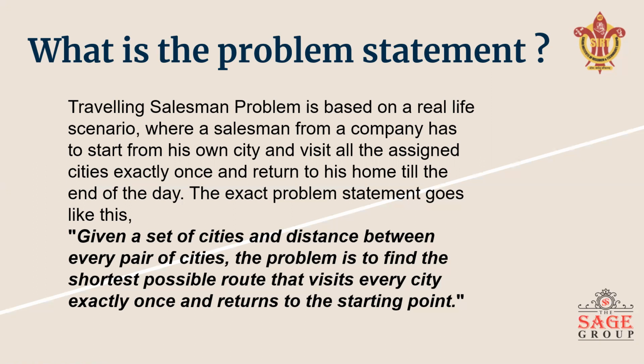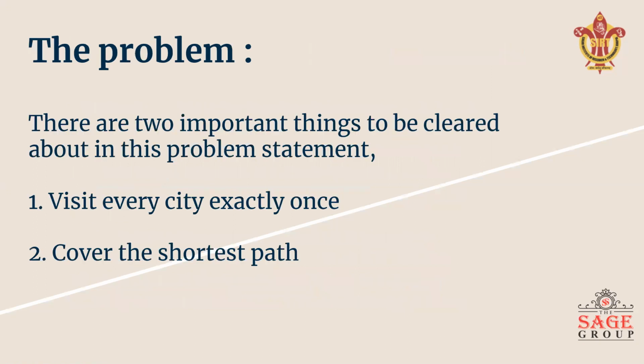There is a starting point and the salesman wants to prefer the shortest path. So how can we find out the shortest path for him? So these are two basic problems in solving this traveling salesman problem. What are the 2 points? Visit every city exactly once and cover the shortest path. There are two important things to be clear, which are shown here.